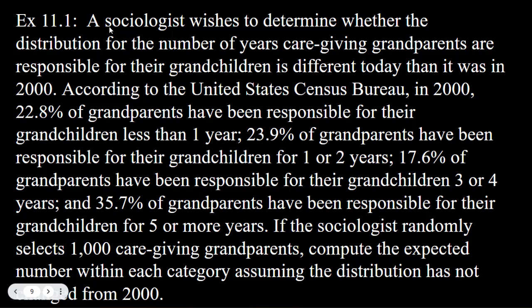According to the United States Census Bureau, in 2000, 22.8% of grandparents had been responsible for their grandchildren less than 1 year. 23.9% had been responsible for 1 or 2 years, or maybe between 1 and 2 years is a better way to say that. 17.6% had been responsible from 3 to 4 years. 35.7% had been responsible for 5 or more years.